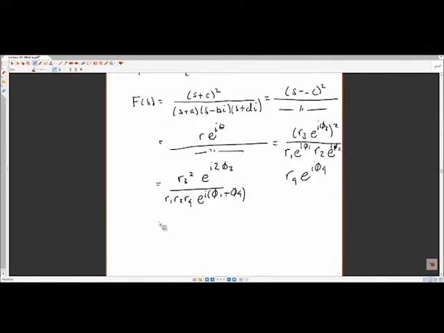So this is going to give me a final answer: R3 squared over R1 R2 R4, e to the i (2 phi3 minus phi1 minus phi4). That gives me some magnitude and phase. Any questions about this kind of more conceptual problem?